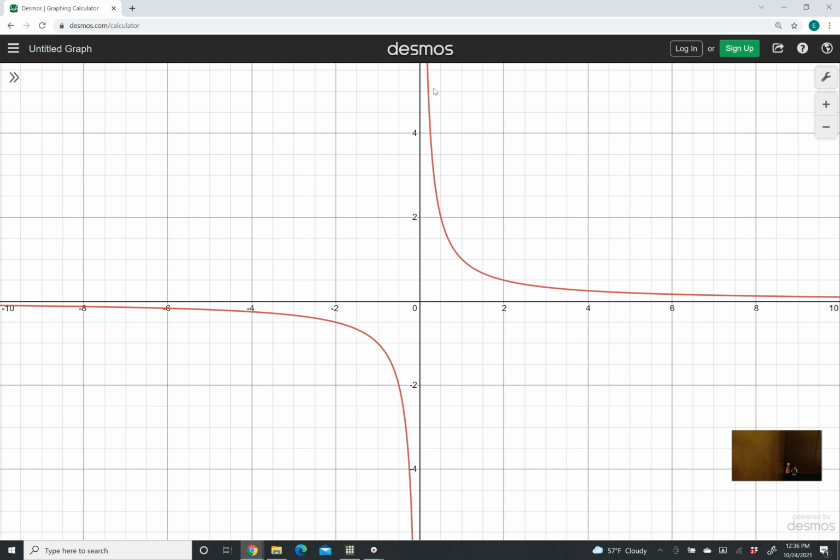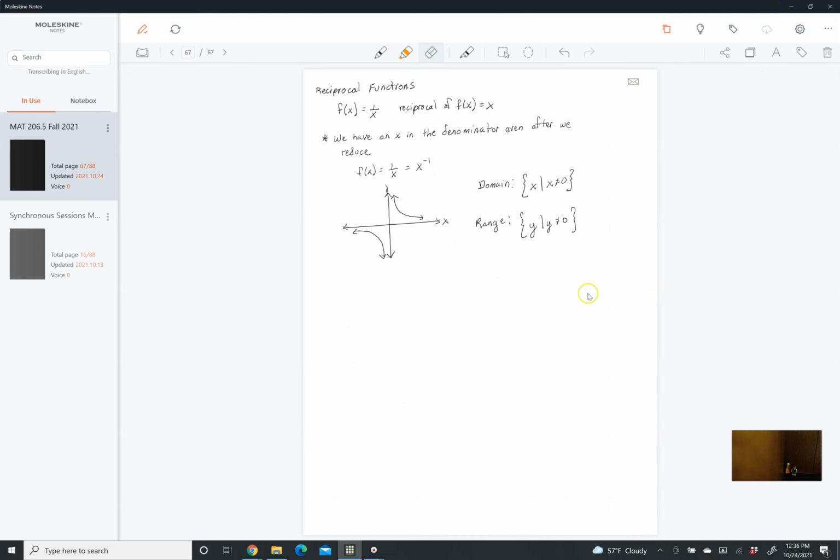Okay, and how do we know that this is true? Sorry, I should minimize this. How do we know that this is true? Well, the function is 1 over x. The only way that we could get y equals 0 is if the numerator is 0.